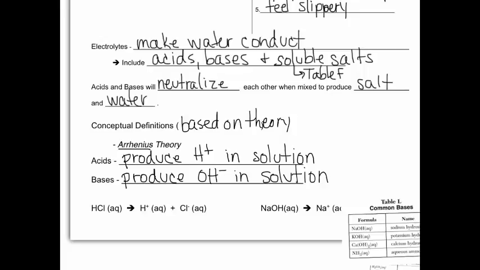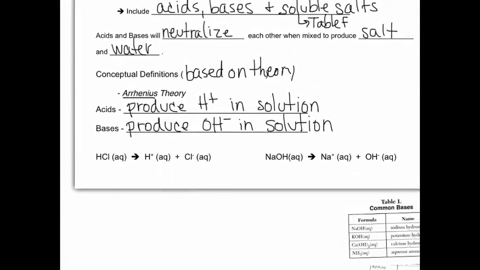And if you recall from a little earlier, we said that ammonia is actually a base. So ammonia is NH3. There's no OH in it in order to be producing those in solution. So that's why this is no longer the accepted theory, but it is the easiest theory to think of acids and bases.